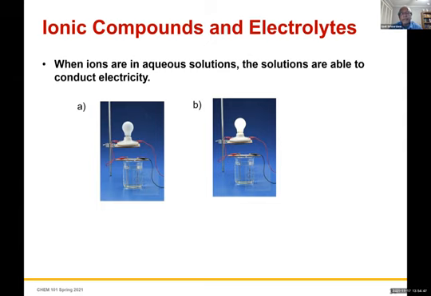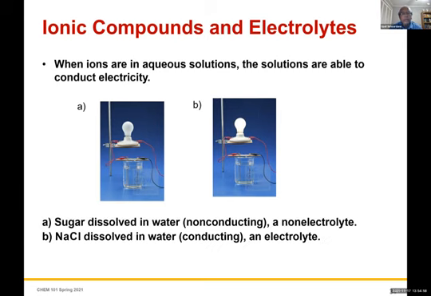Non-electrolytes, which don't have ions, like sugar solution or alcohol solution, are organic compounds which don't have charges. Sugar dissolved in water is non-conducting, so it's a non-electrolyte. Sodium chloride in water conducts electricity, therefore it is a strong electrolyte.